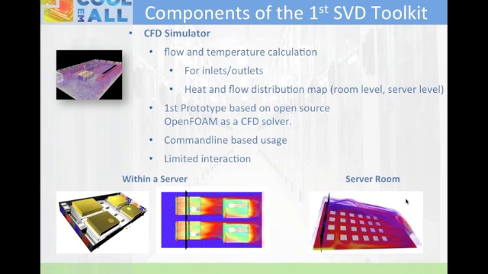As mentioned before, the CFD component is in charge of calculating flow and temperature distribution on different granularity levels, for instance, on server level, rack level, or even within the entire server room. So in the end, it calculates the actual heat and flow distribution map, which can be visualized with the different tools that we are using in the project.